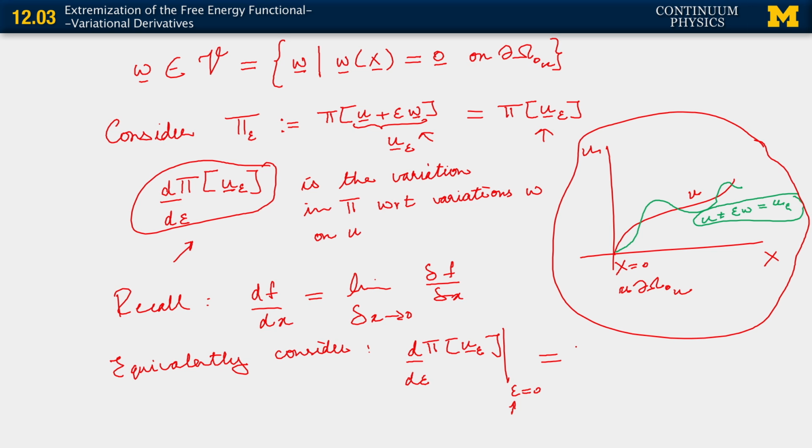This is our notion of the variational derivative of pi with respect to u. It is variously written as either delta pi with respect to delta u, or that. This is just a notation, right?